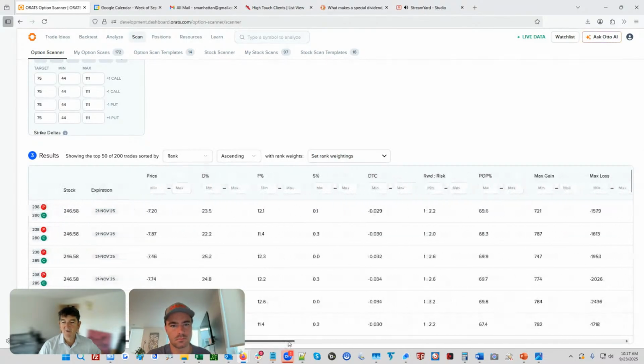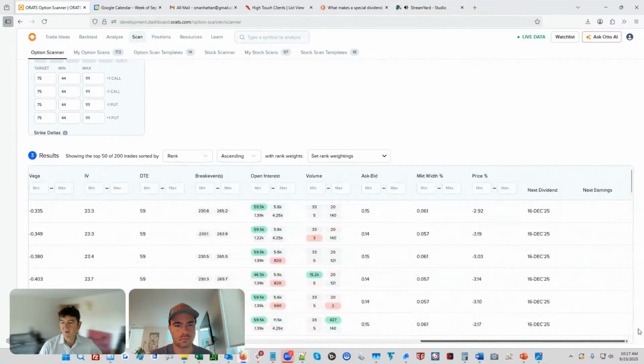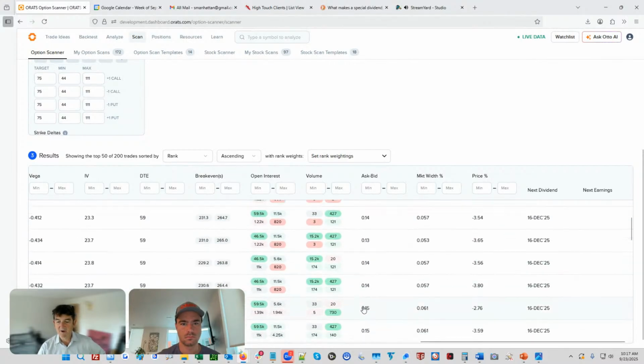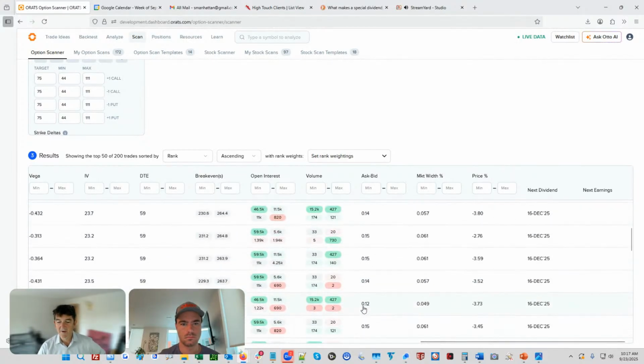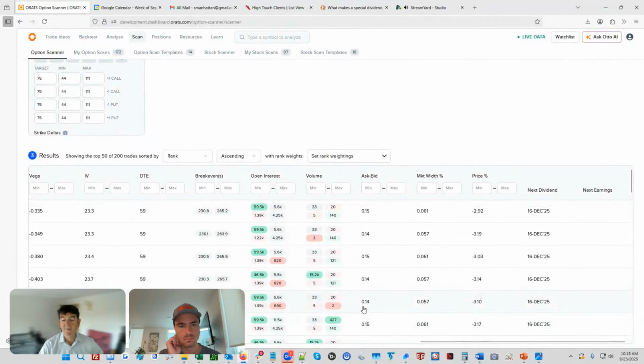But you could also set min-max filters for a lot of these things, like even liquidity and width, how wide is the market? So this is only 15 cents wide, and most of these are about there. There aren't any really wide markets. That's really tight for a four-leg strategy.